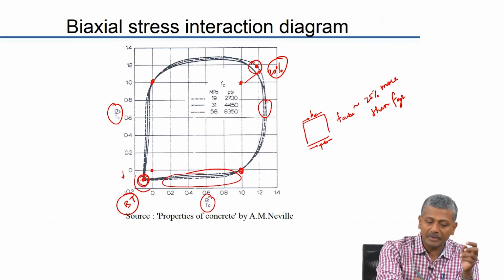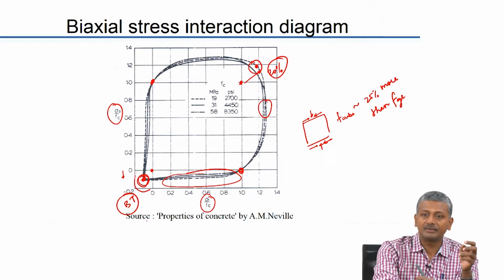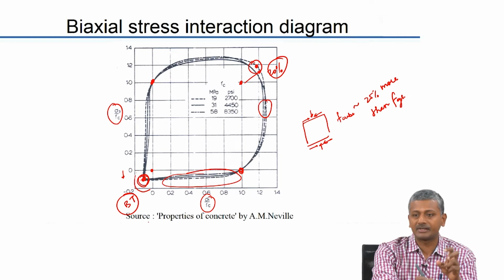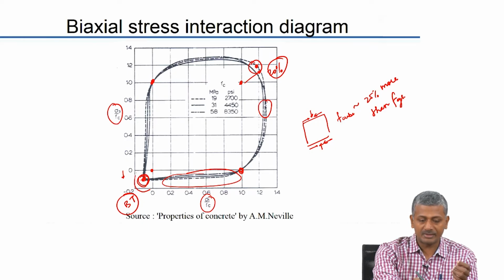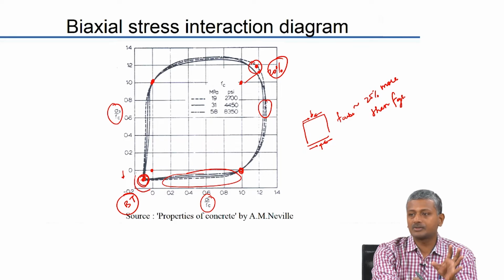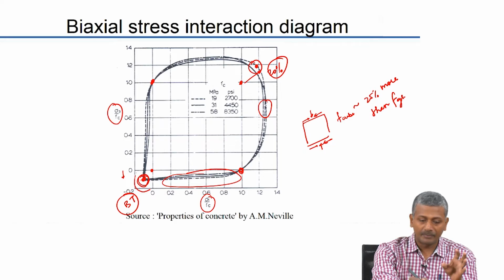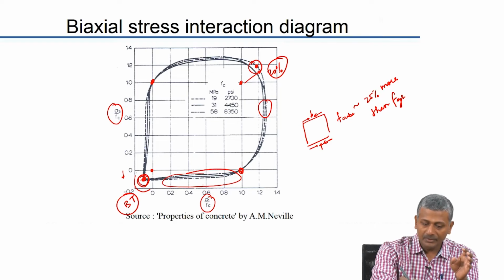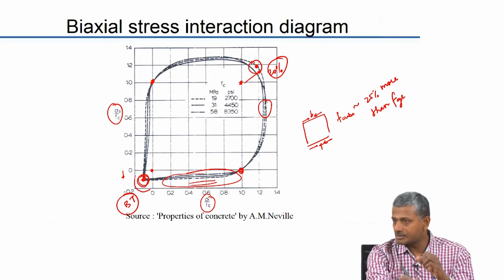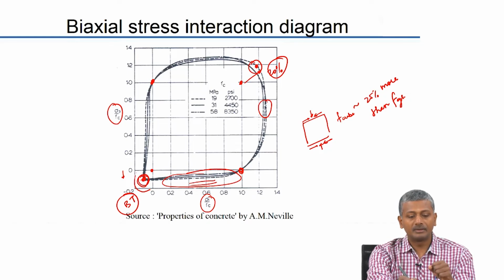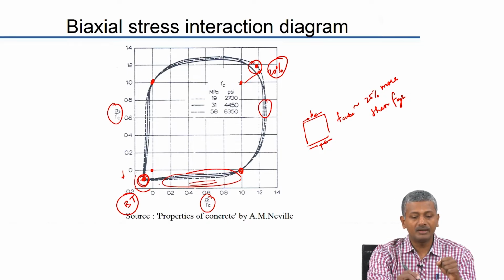You can see that the biaxial tension strength is not that much different from the uniaxial tension strength. The uniaxial tensile strength is about 1/10 of the compressive strength, which is why it is at 0.1 here. But when you have tension and compression, indicated by this side here, you get a strength of your material which is lowered, between 0 and 10%, as opposed to your uniaxial compressive strength.